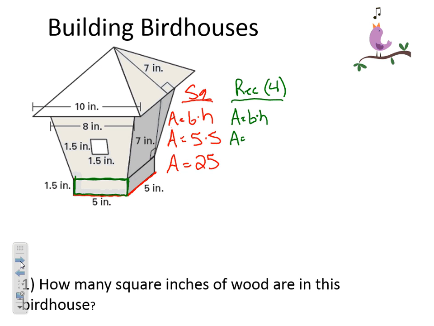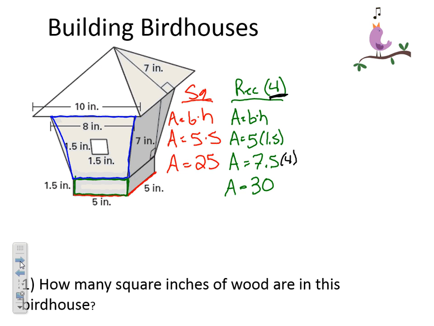My base is 5, my height is 1.5, so my area equals 7.5. But now, remember, we have to take this times 4 because there's 4 of them. So my area equals 30.